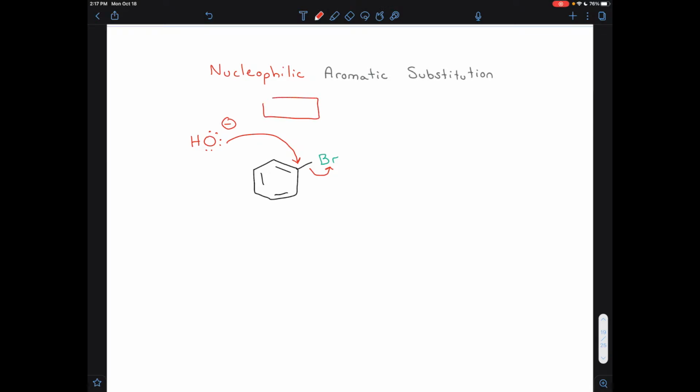And you'd have nucleophilic attack that adds the new thing and loss of a leaving group that subtracts the old thing. And so you replace one thing with another, you do a substitution.